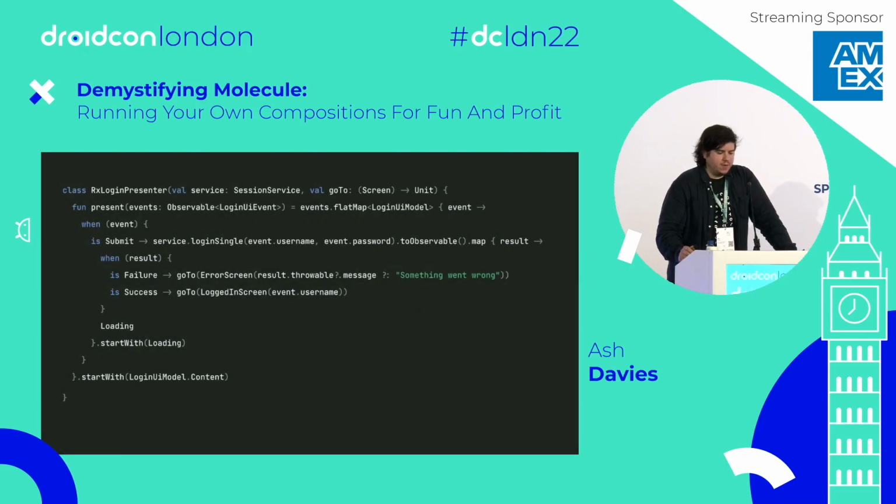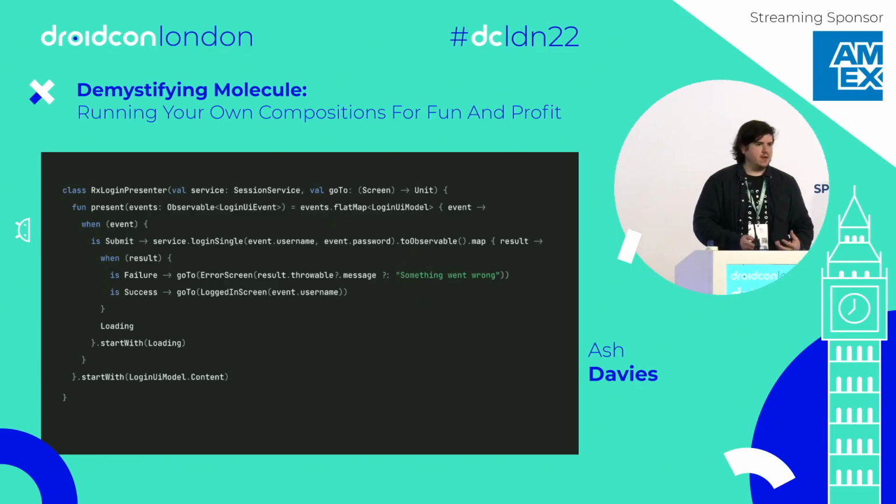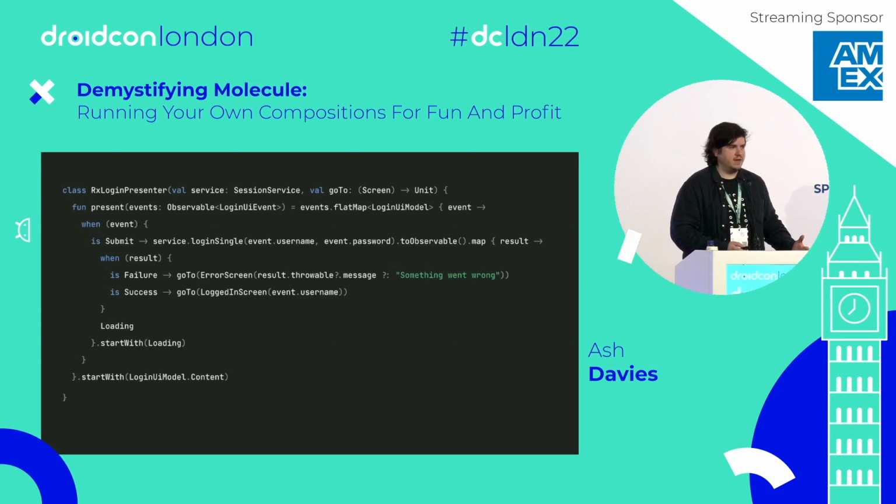So a very naive approach to this, putting aside all architectural decisions, MVP, MVVM, MVI, aside, this is what a naive Rx login presenter might look like. And it's peppered with all these little Rx operators that you have to be au fait with to understand and get clear with. But more explicitly, it doesn't have a very logical sequence of operations. You're not able to look at it and read it from top to bottom and think, I know what's going on here.